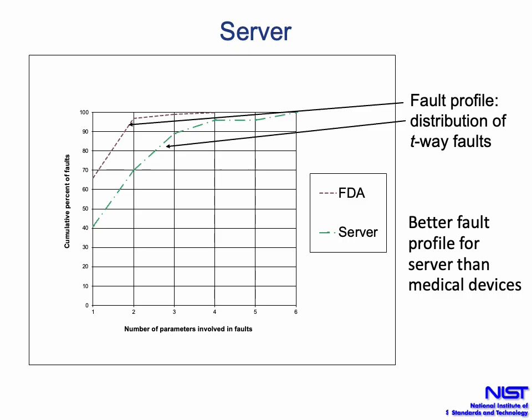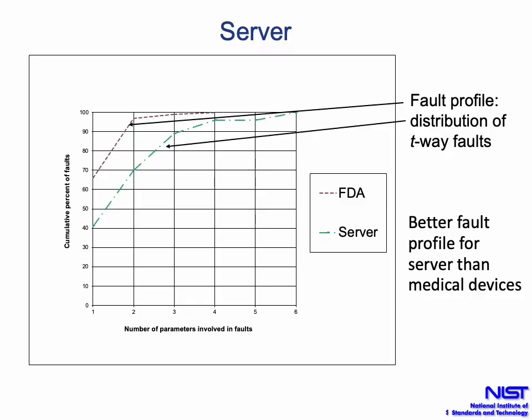So what we see here is what we call the fault profile. This refers to the distribution of interaction faults, or T-way faults, where T refers to the number of factors involved in a failure. The top line in this graph is, of course, the fault profile of the medical devices that we looked at in the previous slide.